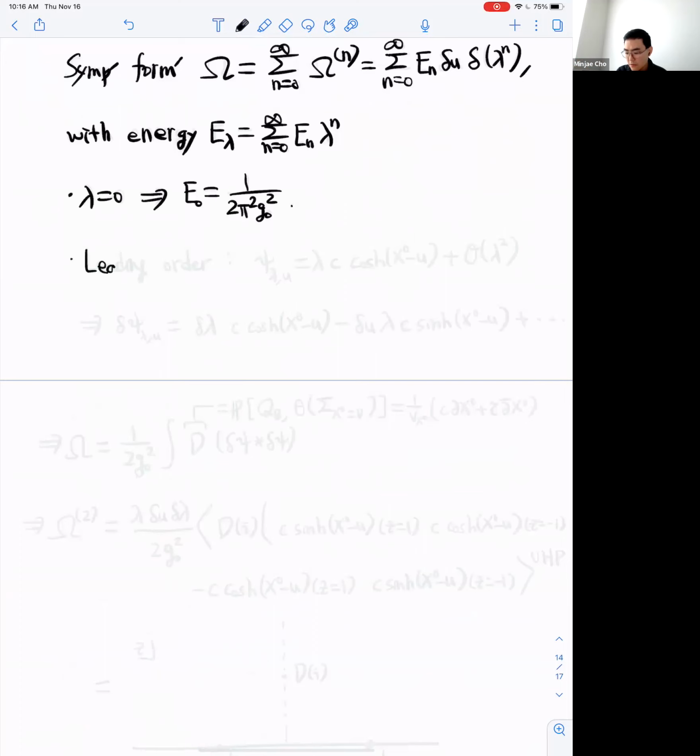And now let's consider the leading order computation. At the leading order, the open string field solution for rolling tachyon is nothing but this Cauchy. We have just this one. And in order to evaluate the symplectic form, we have to consider how it looks when we act by the exterior derivative.